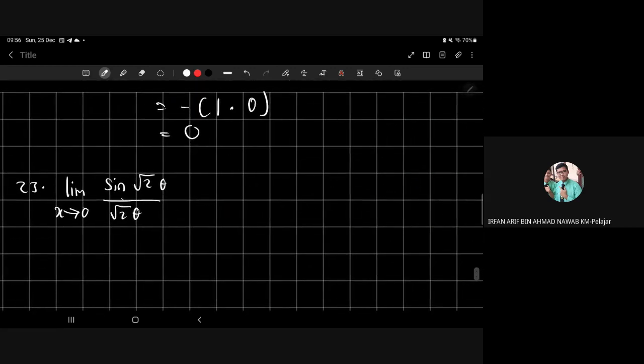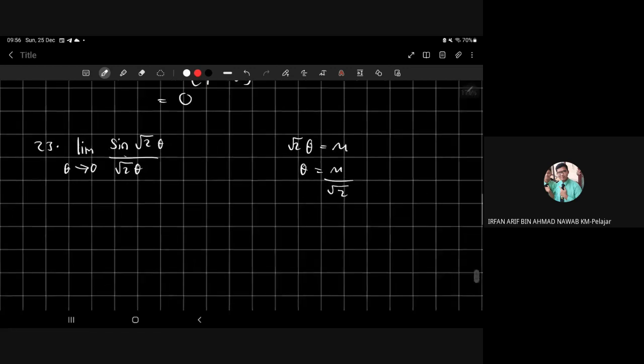Let me change this to a different variable: let u equal square root of 2 theta.